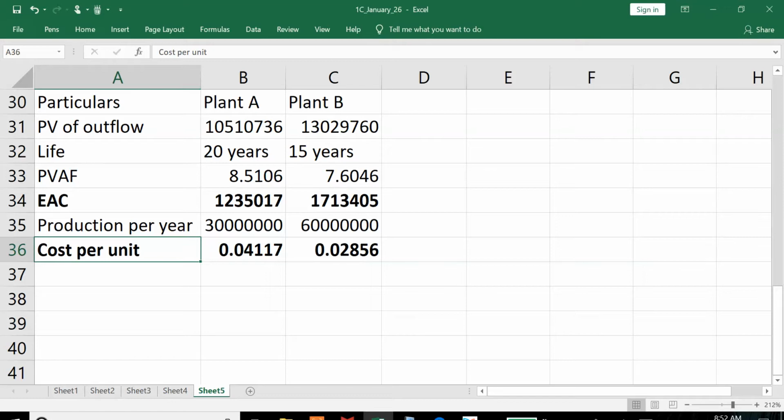So if we go by cost per unit number, plant B has a lower cost per unit as compared to plant A. Finally, we will conclude that the company should go ahead with plant B as it has lower cost per unit.